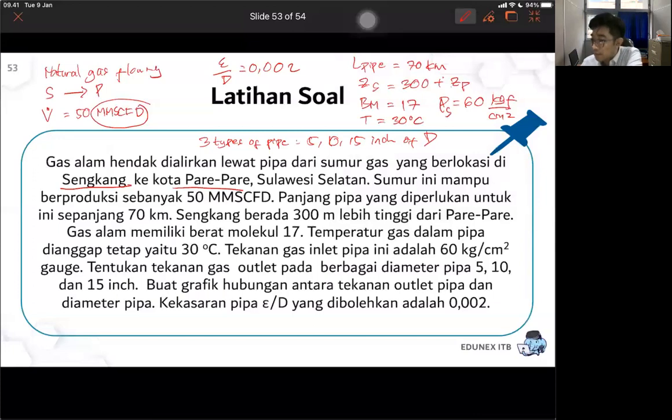Pressure at Sengkang, because the inlet pressure will be at Sengkang. So pressure at Sengkang is 60 kilogram force per square centimeter gauge. Please be careful, it's a gauge pressure. So you need to calculate how much is the outlet pressure. It means pressure at Parepare by using three sizes of diameter of pipe.